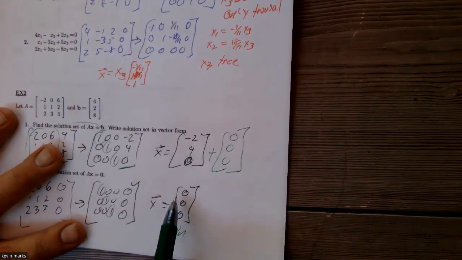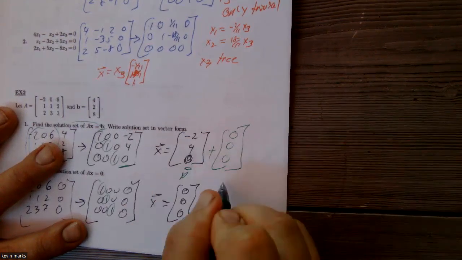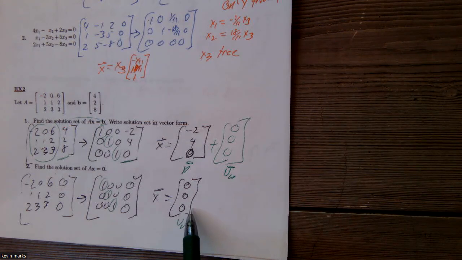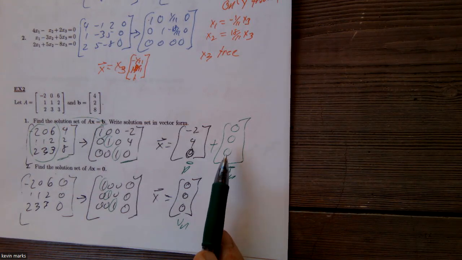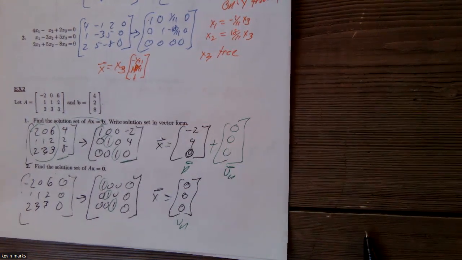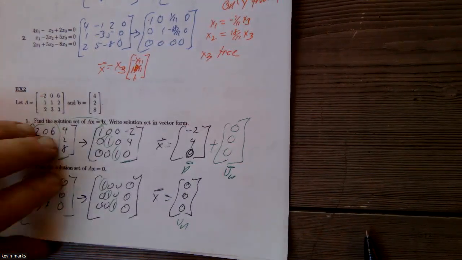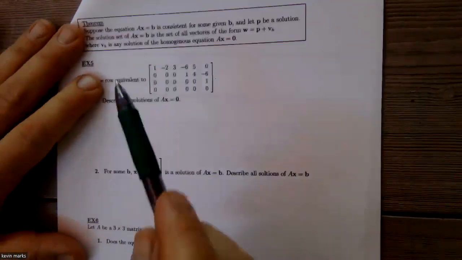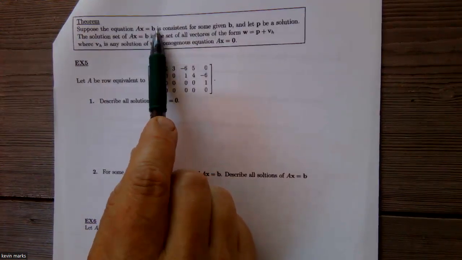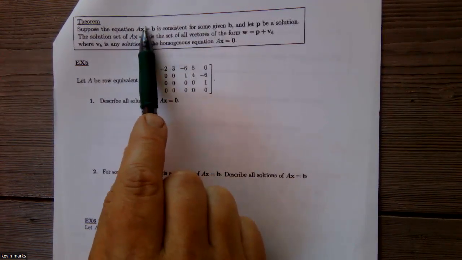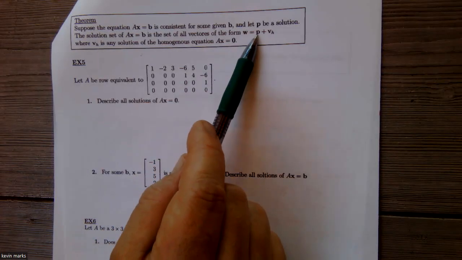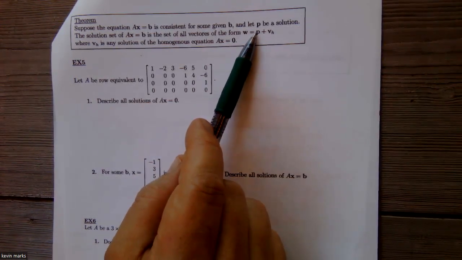So even if you had a unique solution, you still have a p and you still have a v sub h, right? It's just that if there's only the trivial, then it's really kind of trivial because you're adding nothing, right? So the ultimate point here is, think of it as, no matter whether this is 0 or anything other than 0, if this has infinitely many, you can just look at the solutions of the homogeneous and then adjust by some constant, right?